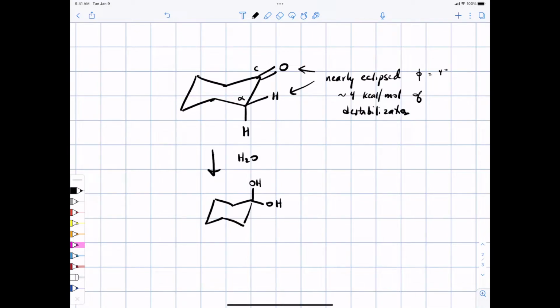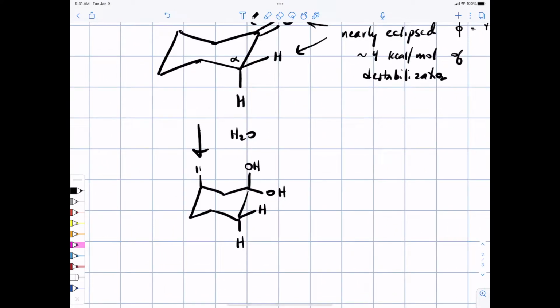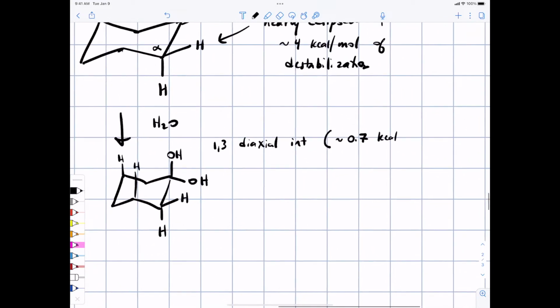you're going to introduce some 1,3 diaxial interactions. But we can estimate that from the A value to be worth about 0.7 kilocalories per mole.